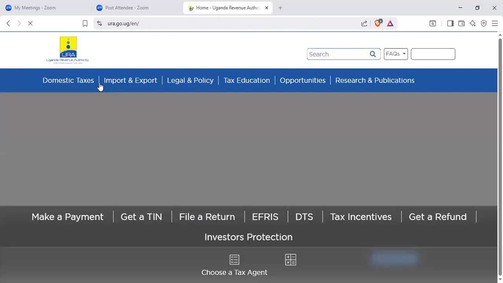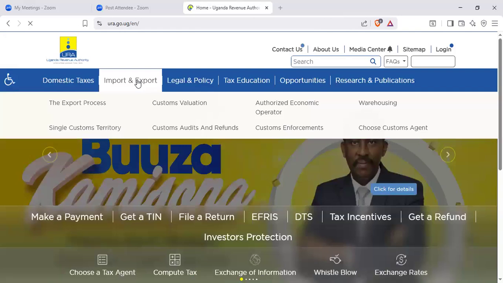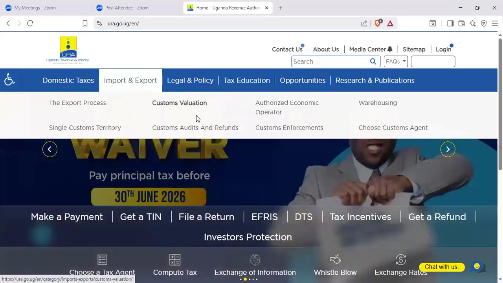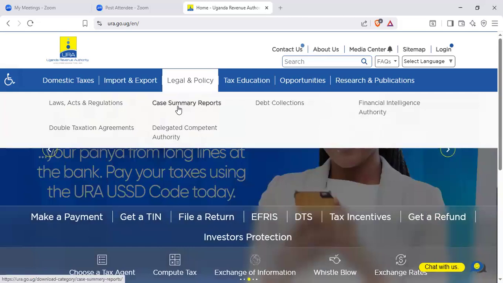That's all. If you want to read any of the information, you just hover here and always read it through. If you want to read about import and export, you just hover here and read. Click on customs valuation and read. If you want to know how to access some reports, you click here and read through.